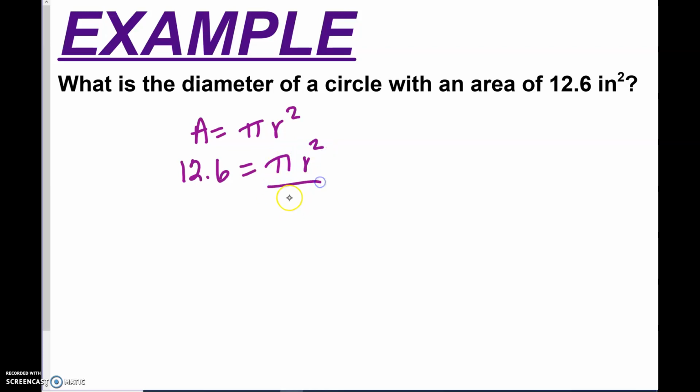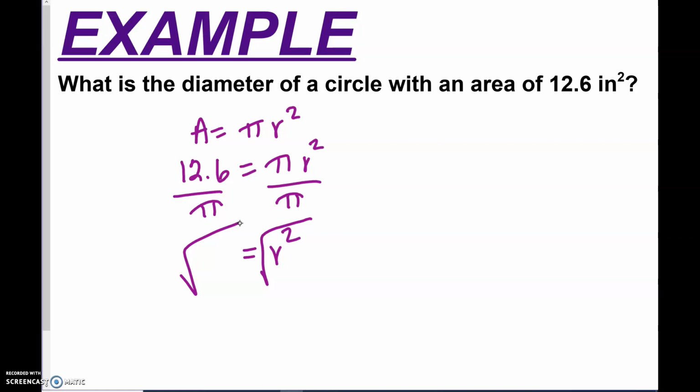So our order of operations dictates that we are going to divide by pi first, and then you're going to get some decimal in your calculator, and whatever decimal you get, you're now going to take the square root of that. So if you take 12.6 and divide by pi, use the pi key so that you're more exact, you get something like 4.01.